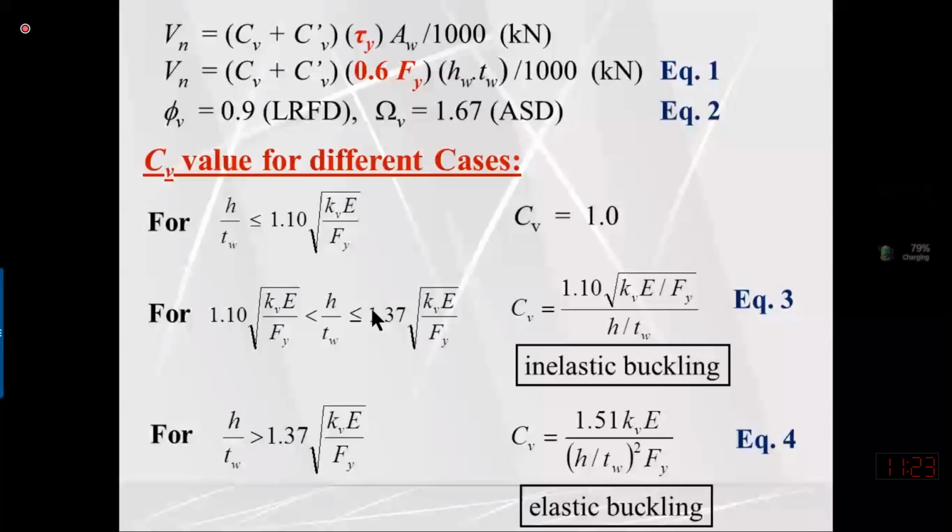So if you can see that we are having three different formulas, I'm just giving you the analogy. We are having three different expressions to compute the CV value.